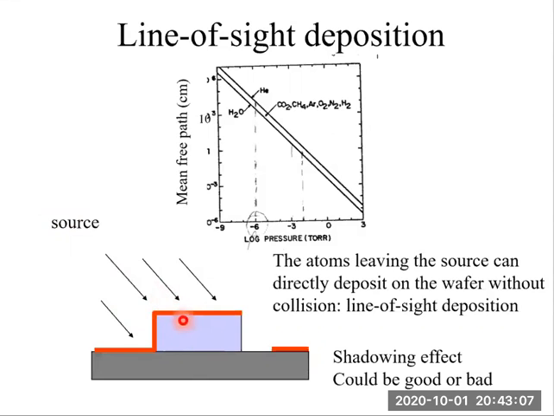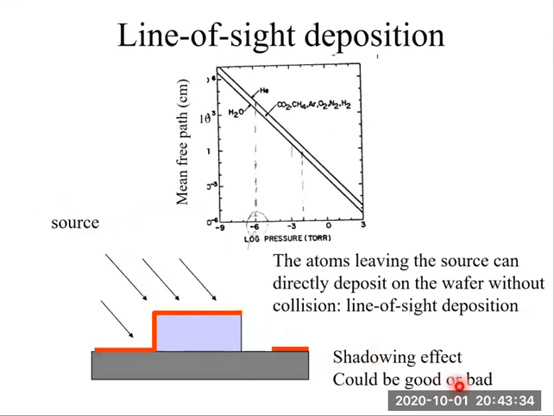We call this type of deposition line-of-sight deposition. Namely, we can treat the source as a light source. If the source cannot see an area, then there will be no deposition.